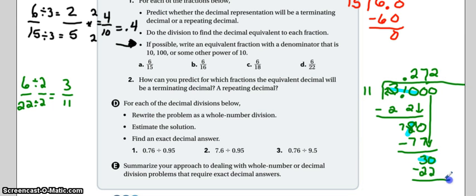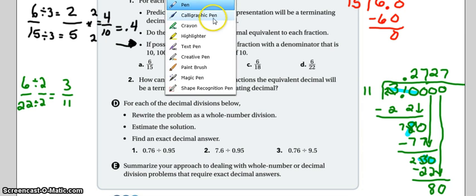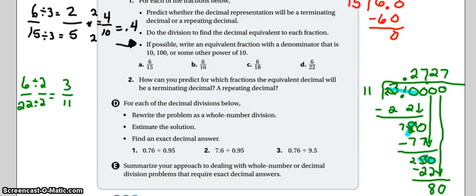We subtract, and I'm left with an 8 again. So we add a 0 and bring it down. This is where we make that decision. The next number is going to be a 7. This 2 and 7 right here is going to repeat forever.